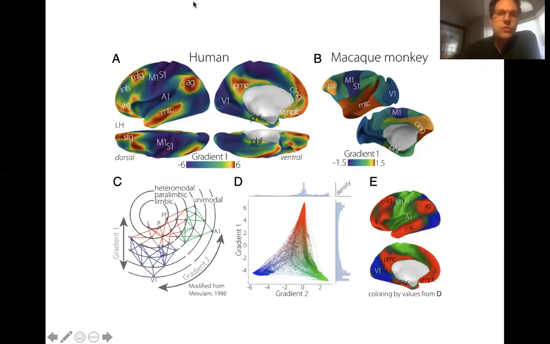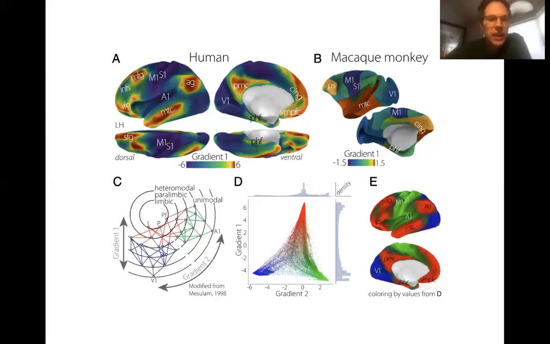And this new framework over the last few years has emerged from some collaborators of ours at the Child Mind Institute, that is taking what people call a gradient approach. The idea with gradients is that it's similar to principal components analysis in some way.